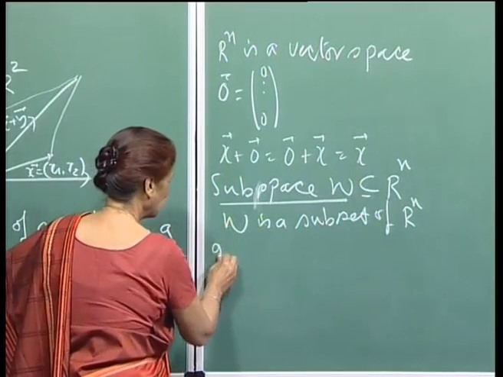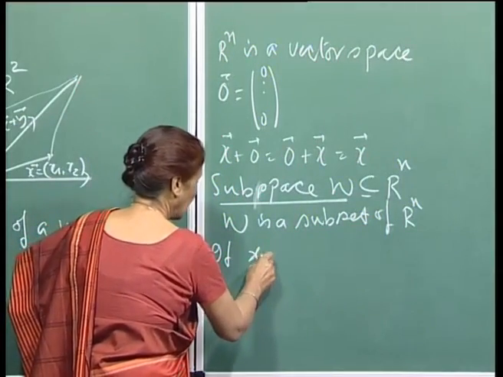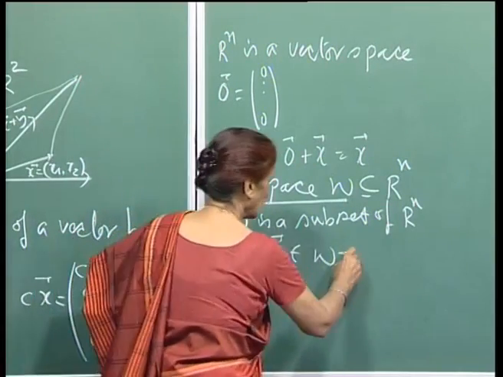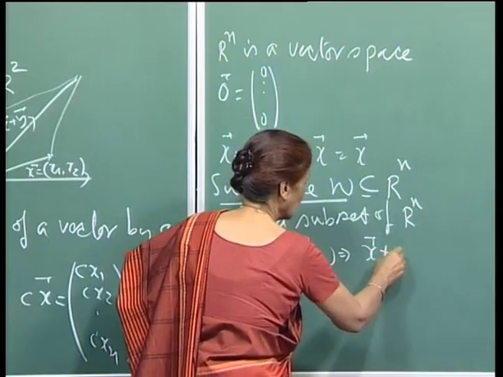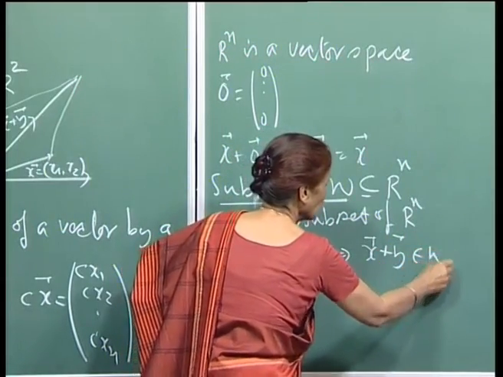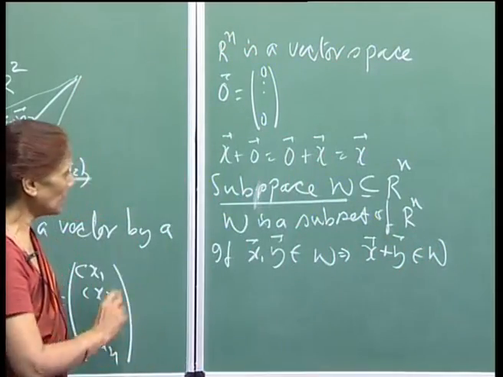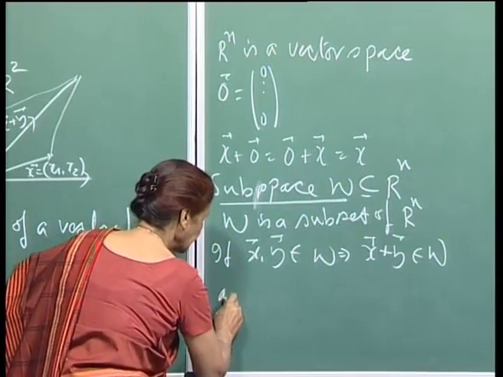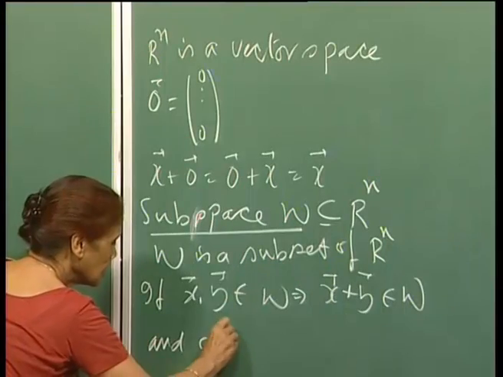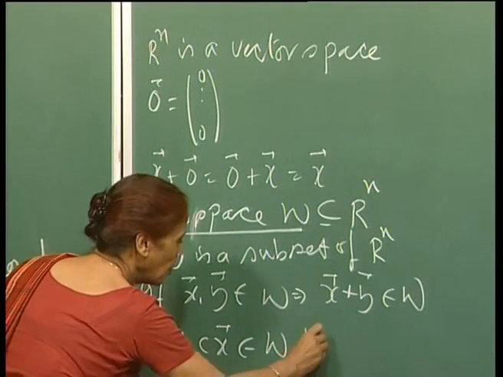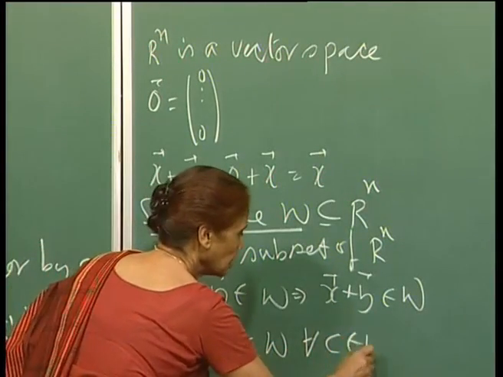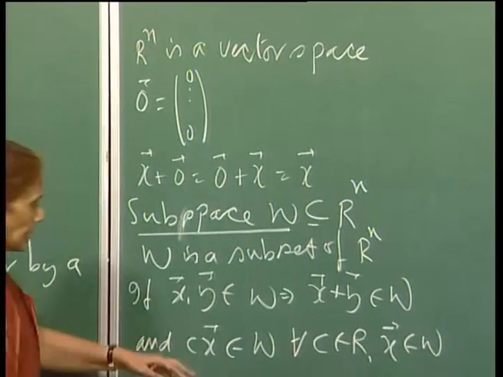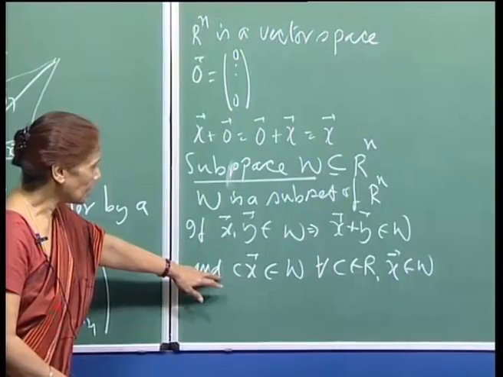Now, if x and y belonging to W implies x plus y also belongs to W, then we say that W is closed under vector addition, and also if Cx belongs to W for all C belonging to R and x belonging to W, then we say that W is closed under scalar multiplication.